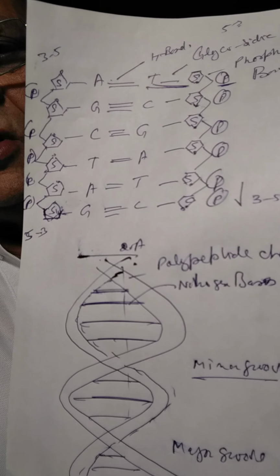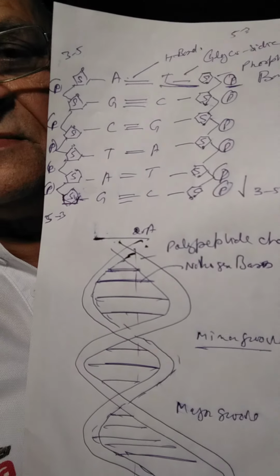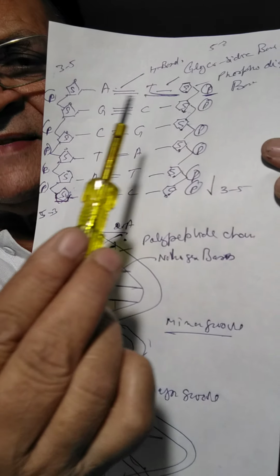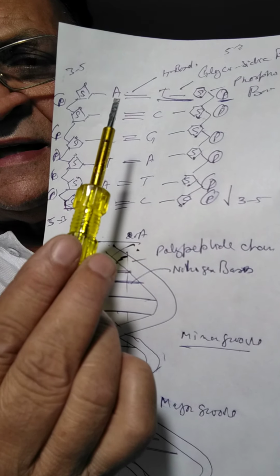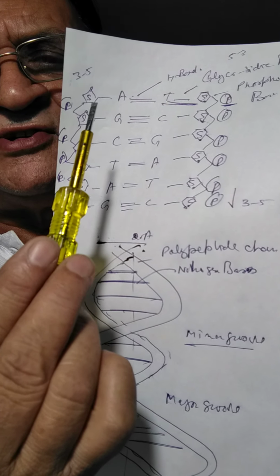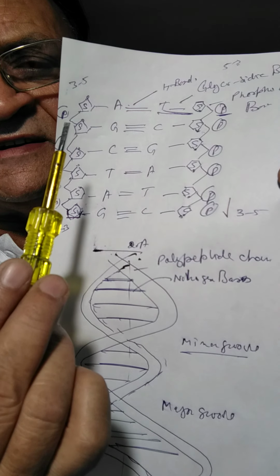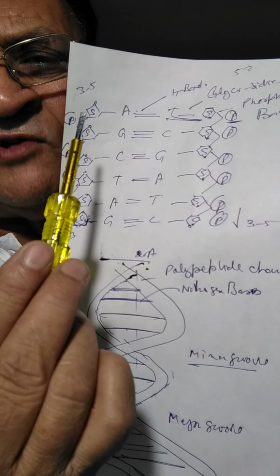As you know, these bases are adenine and thymine united by a double covalent bond, and adenine is united with the pentose sugar, and the pentose sugar is united with phosphate. Phosphate is united with sugar by a phosphodiester bond.